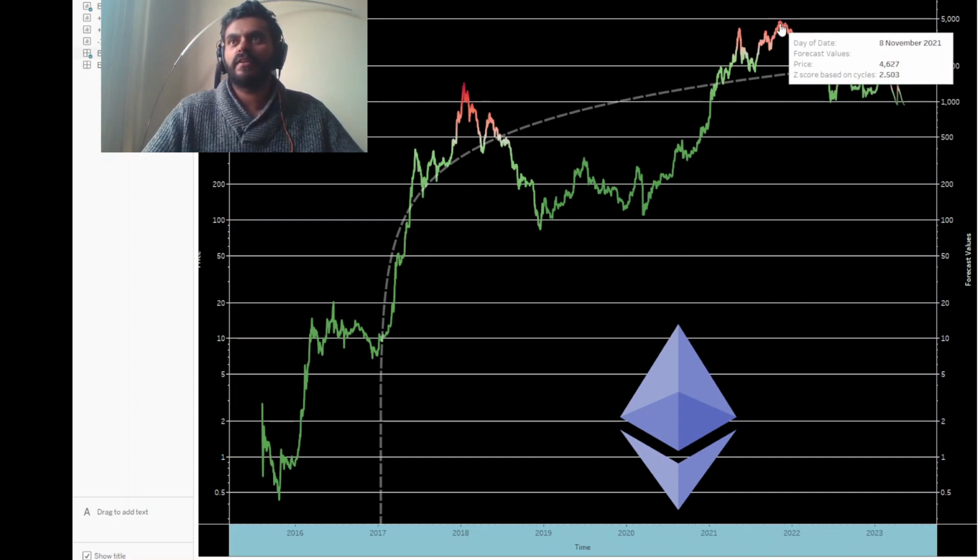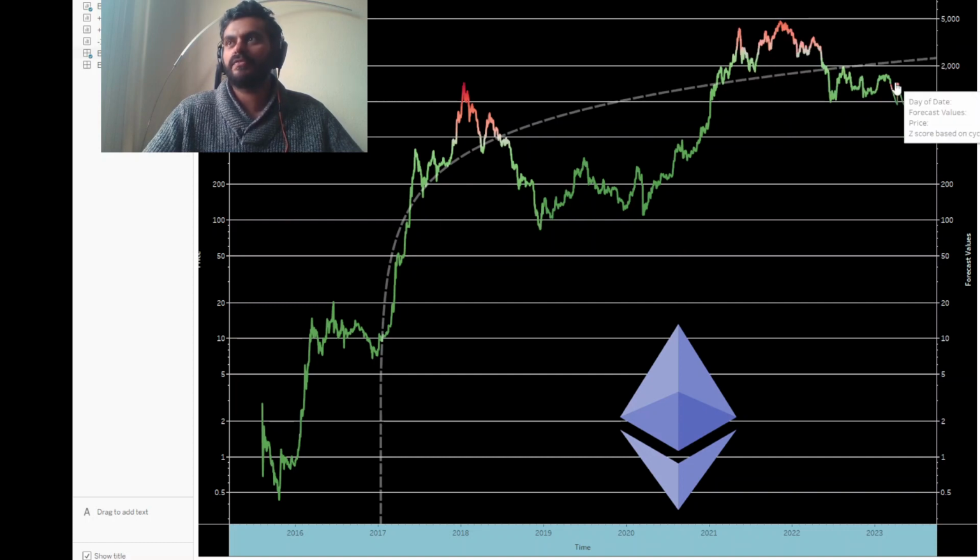That's how we have calculated these color codes, and this will help us track not only the historical data but also the future.